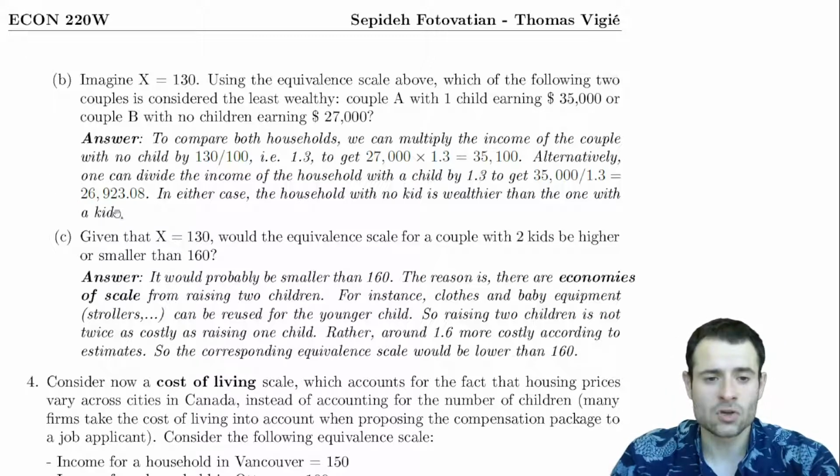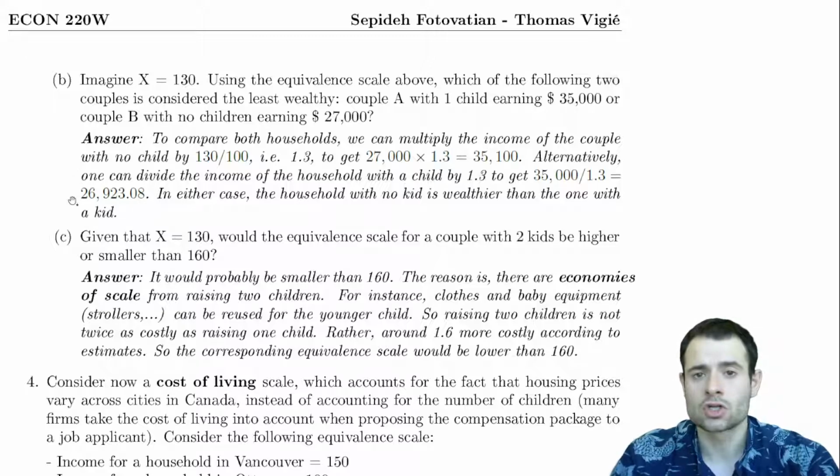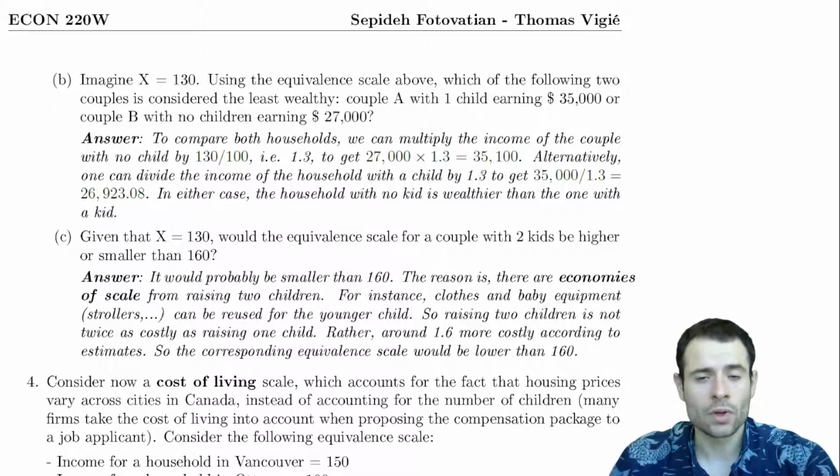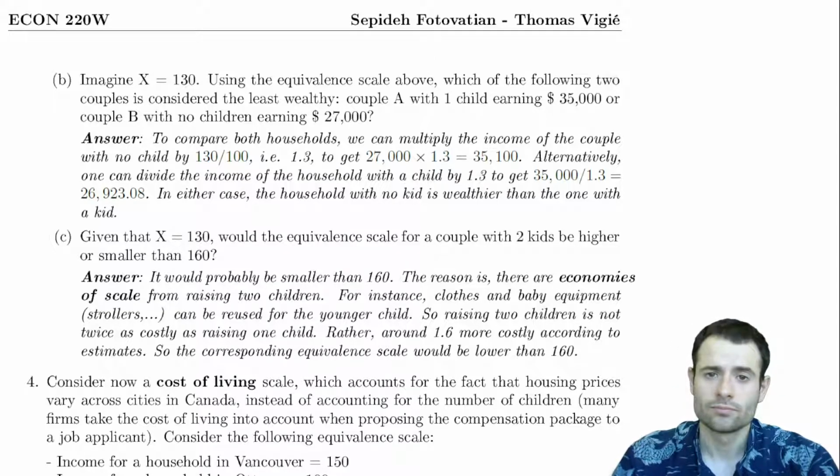So if you compare this amount with $27,000 for the couple with no child, the couple with no child again makes more money. So in either case, the household with no child is wealthier than the one with a child.